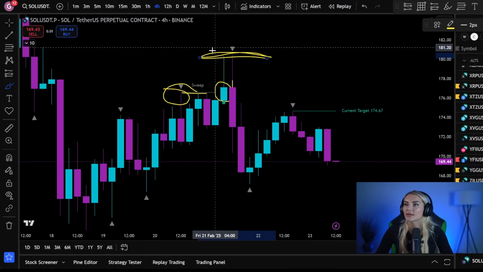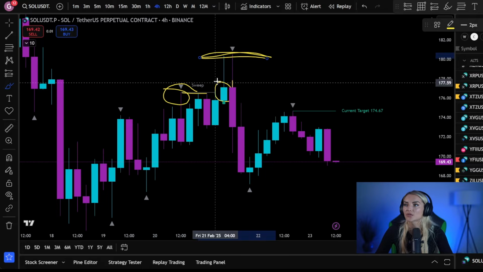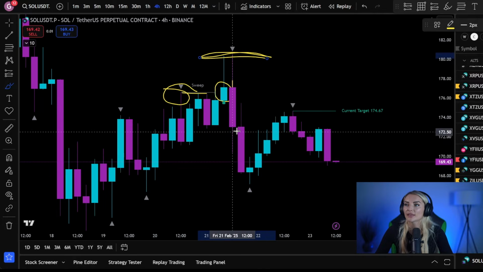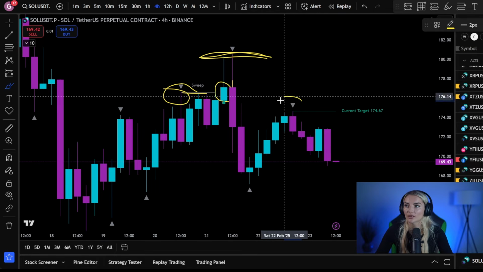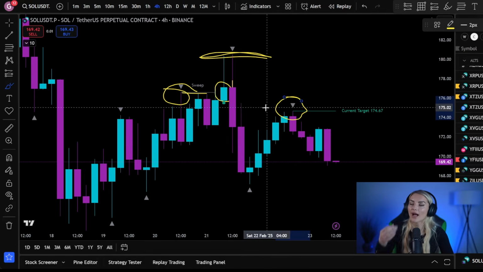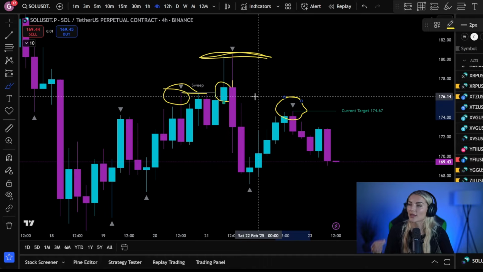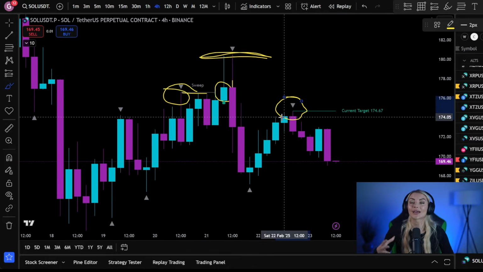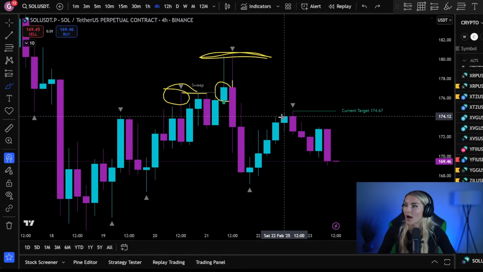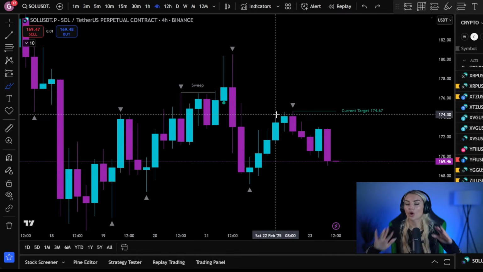Yeah, so basically this was the target when price was trading down here, but then it started to lose its power over the weekend, and then it created another fractal candle. So now, as per the strategy, until we are bullish, the next fractal that is closer is going to be our target.